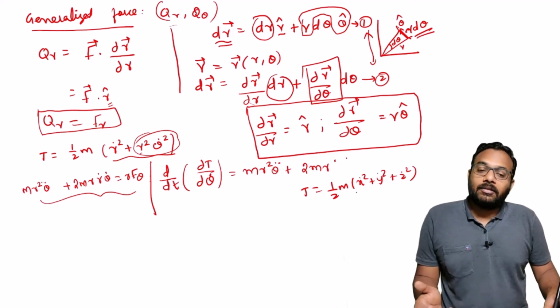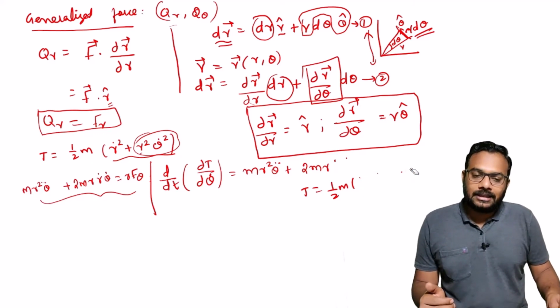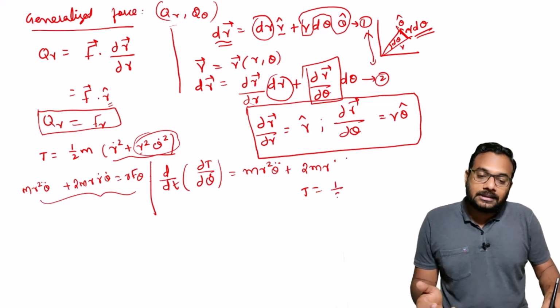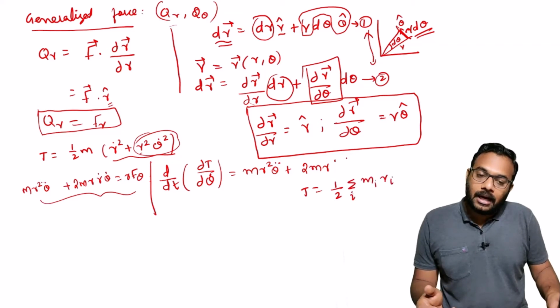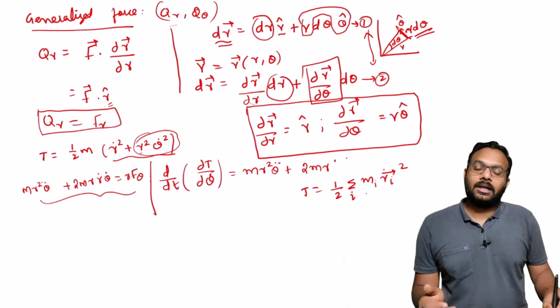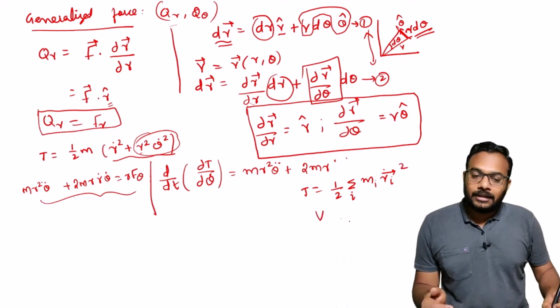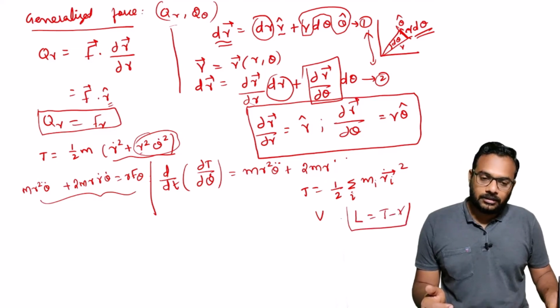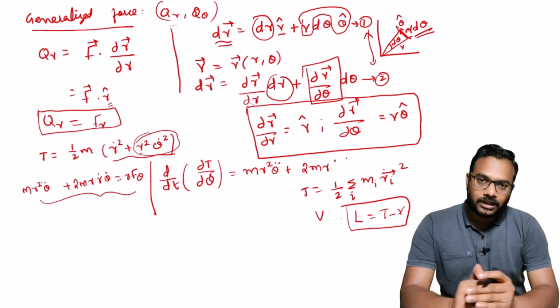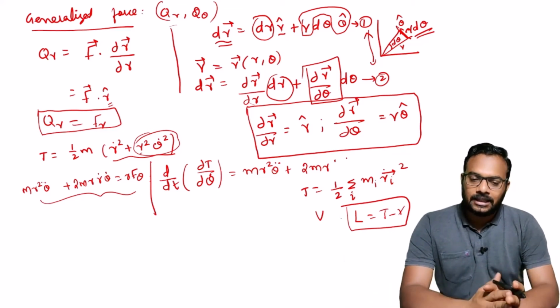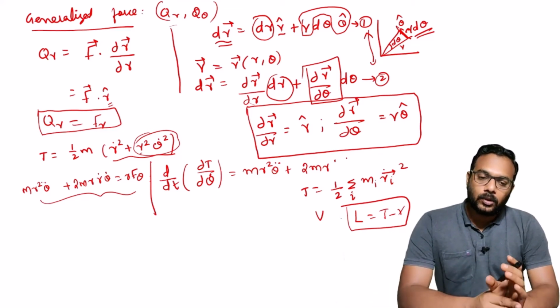If you have a number of particles with different masses, you can write it as half summation over i of m_i r_i dot square. That's the kinetic energy. You also need the potential energy. You can find L equal to T minus V. That's just a scalar quantity. You don't have to worry about the directions of forces, etc. Just construct the scalar quantity called the Lagrangian.